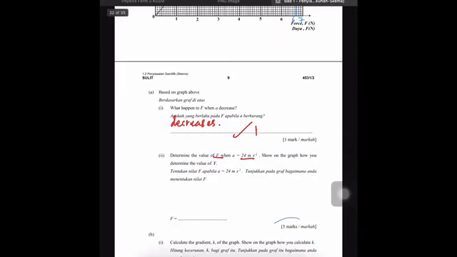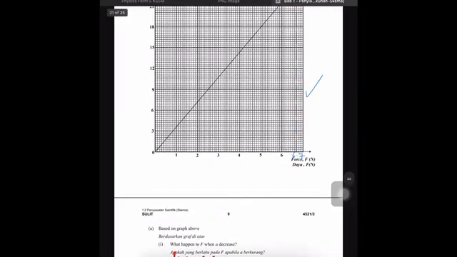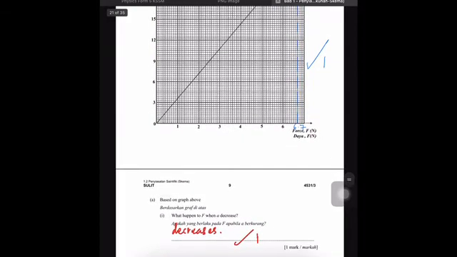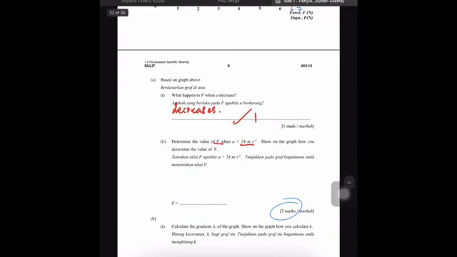It is 3 marks, meaning the first mark is for showing it in the graph. Then you write down the answer 6.7, then Newton.